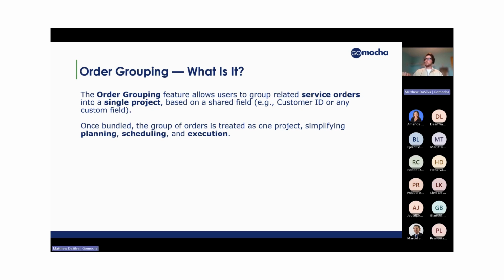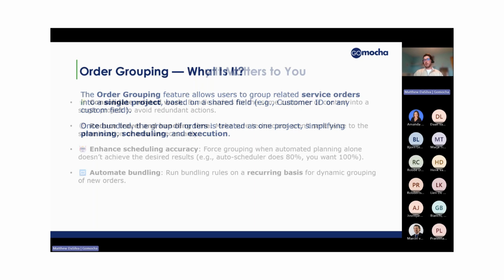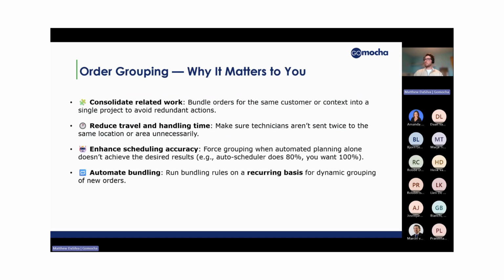So let's look at why it matters to you. Why is this feature important to you? It consolidates related work. It bundles orders for the same customer, or whatever other field you need, into a single project to avoid redundant actions. It reduces travel and handling time.